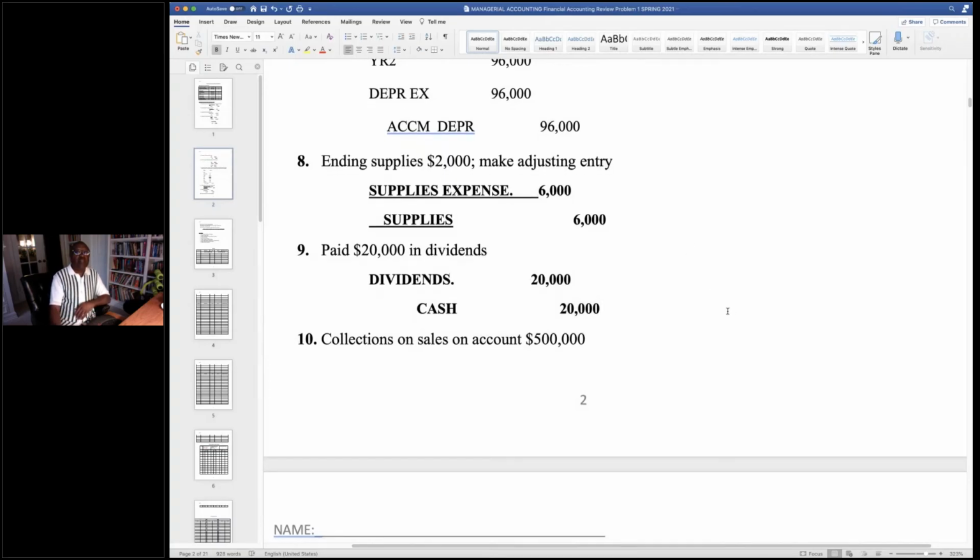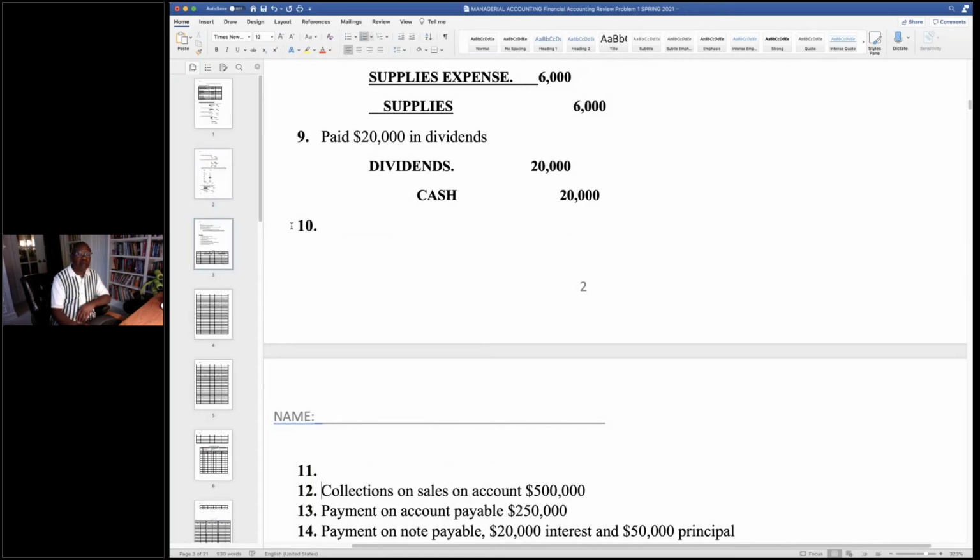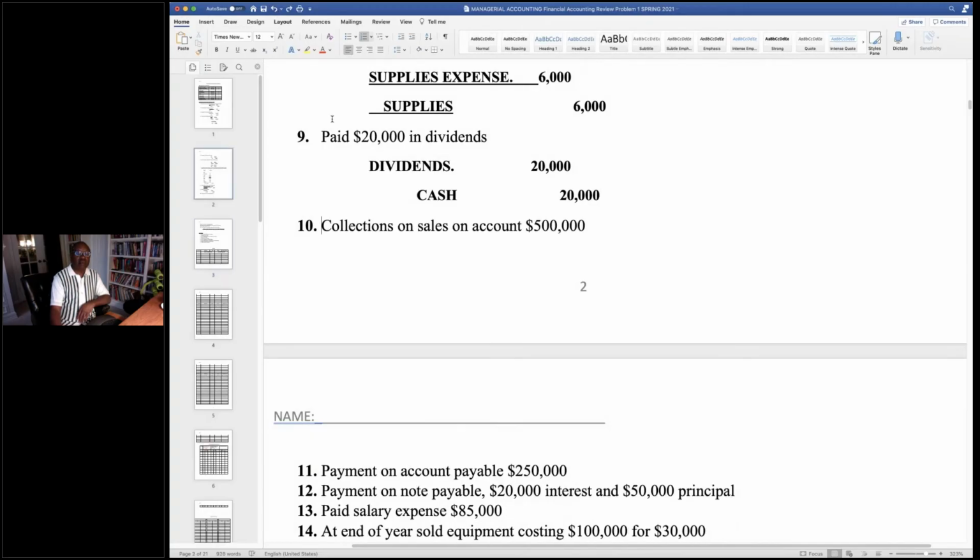Collections on sales on account. What we're going to do here is debit accounts receivable and then credit sales? No, that's transaction 3, collections, right?